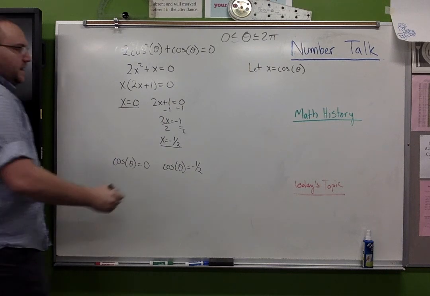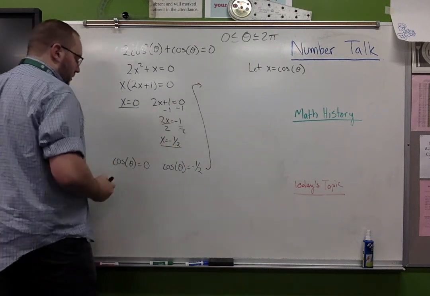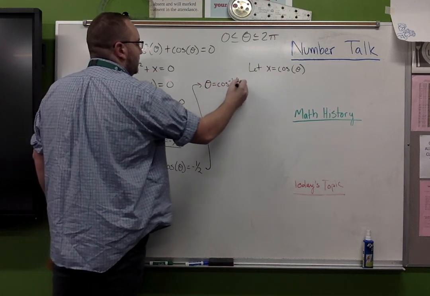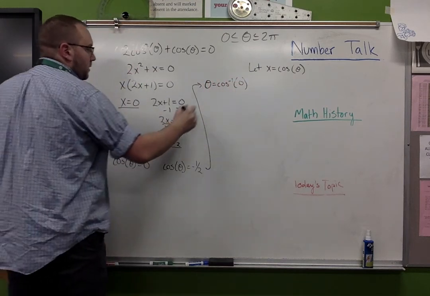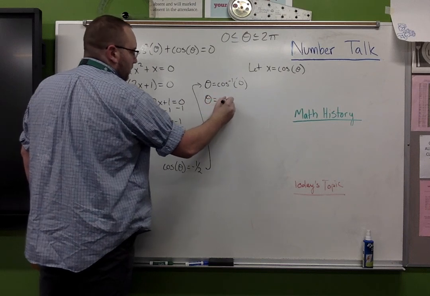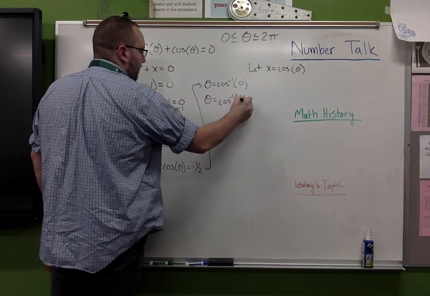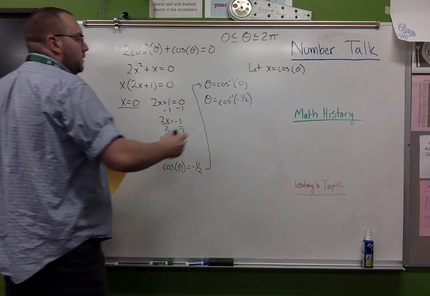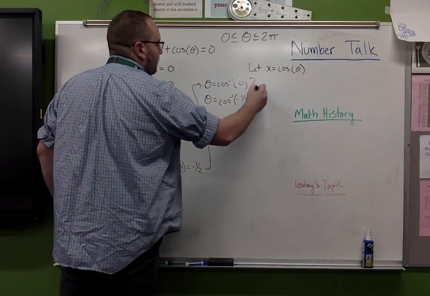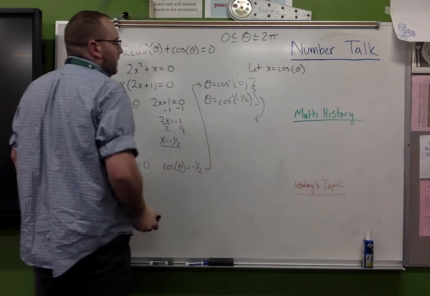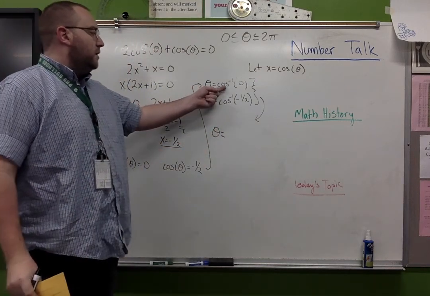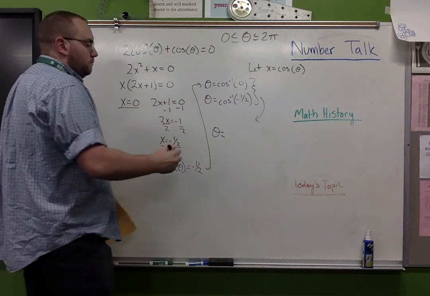Take the inverse of both sides. So theta equals cosine inverse of 0. And theta equals cosine inverse of negative 1/2. So theta equals, well, what angles, when you take their cosine, gives you 0?